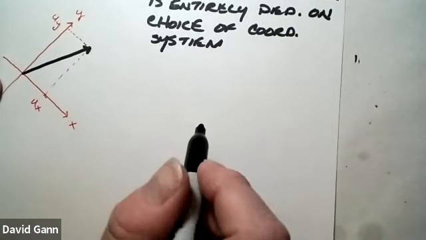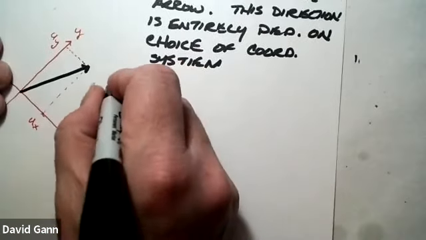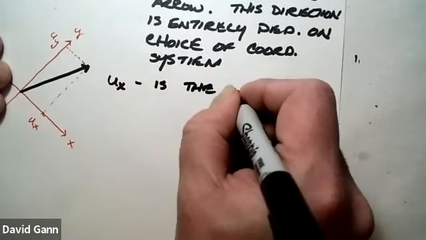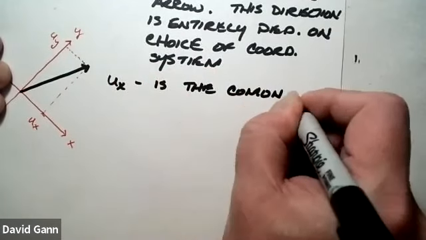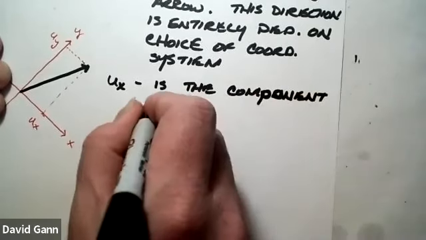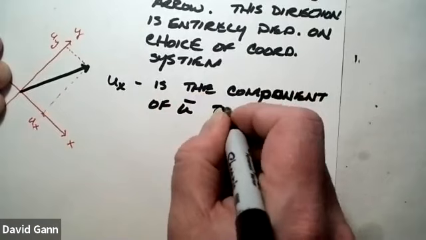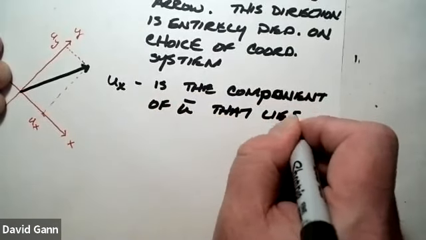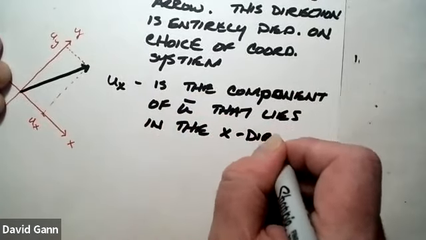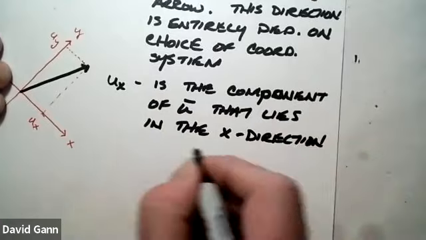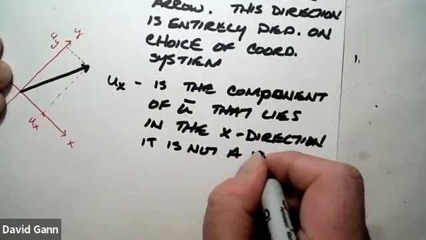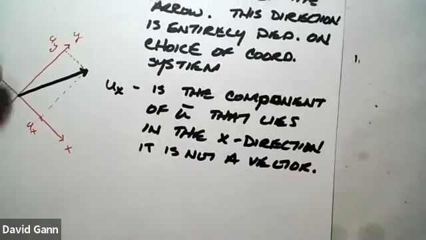But the way that we represent the vectors, so u sub x, this is the component of u that lies in the x direction, and I'll put in here, it is not a vector. So this is just a scalar.